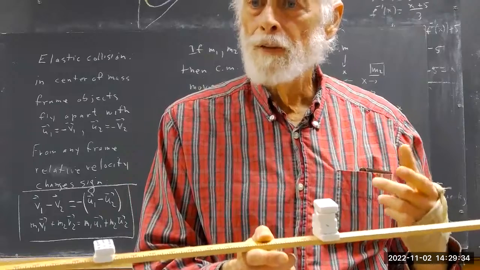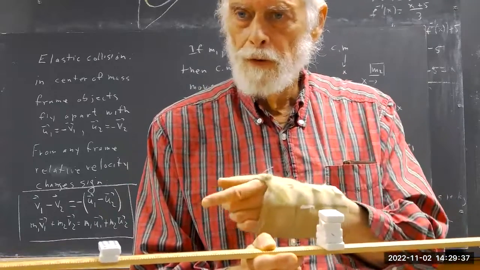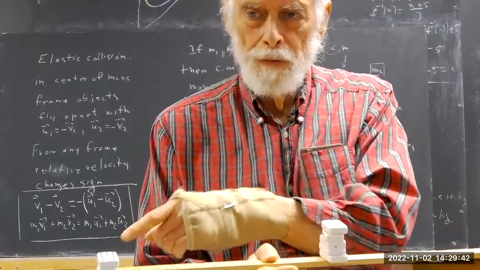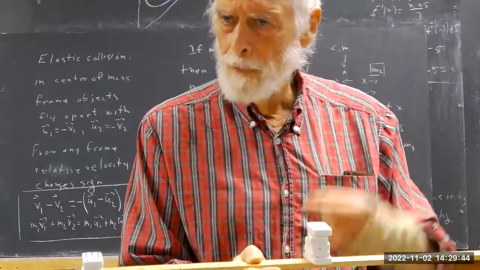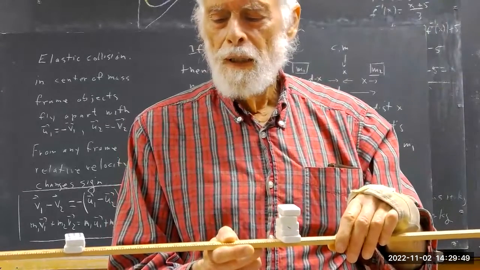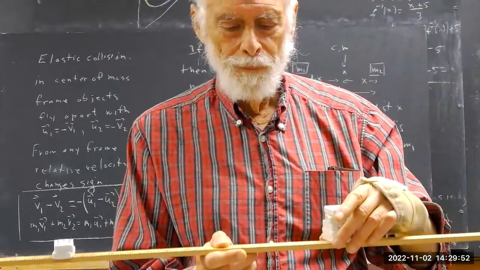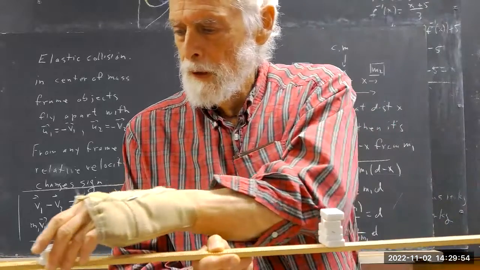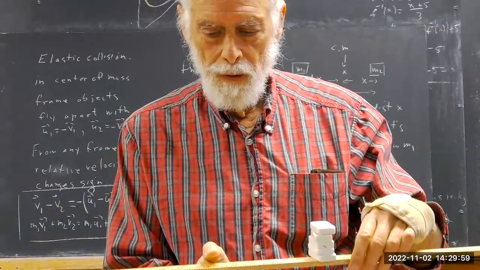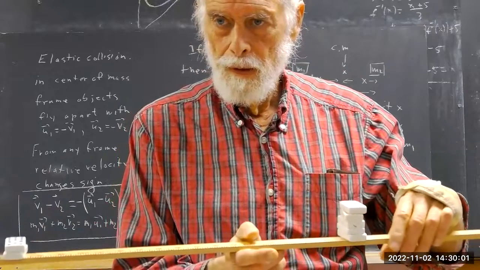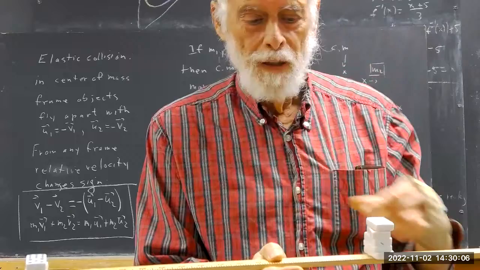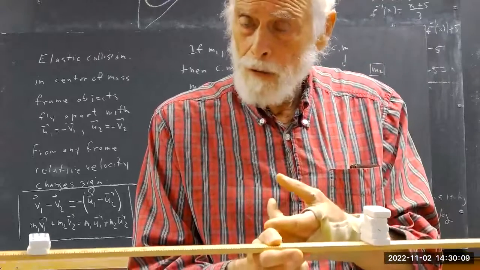Now the point is, every time I move this closer and move this closer, I've got to move this twice as far as I move this because it's got half the mass. If these things aren't approaching in such a way that this mass is moving twice as fast as this mass, then I'm not going to be able to balance it.